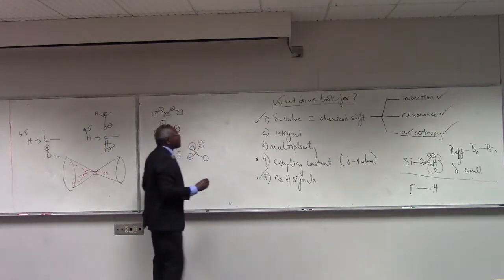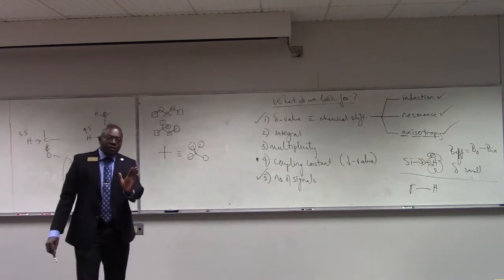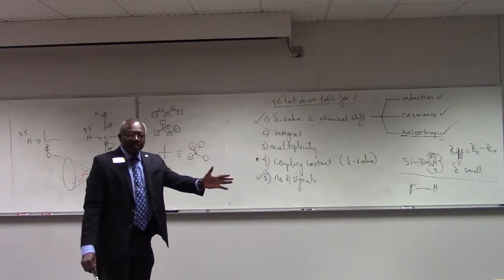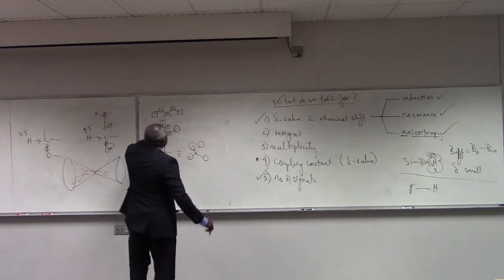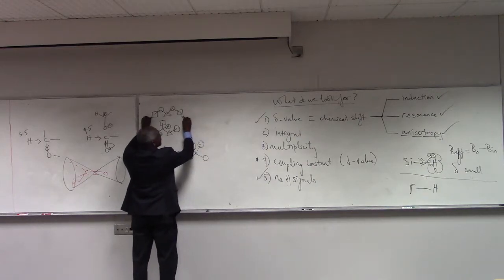What about the integral? The integral tells me the relative number of protons that gives rise to each signal. So if I look at this compound, I have 6 methyl H's, 4 of these and 2 of those.